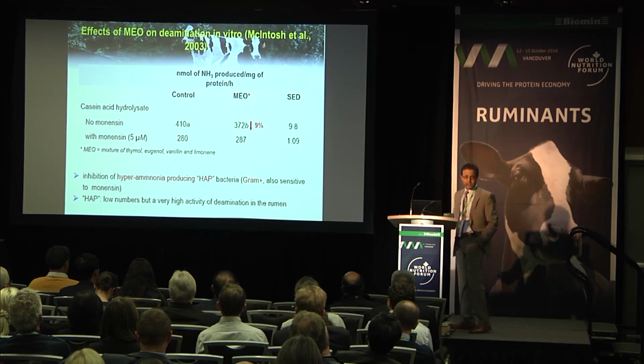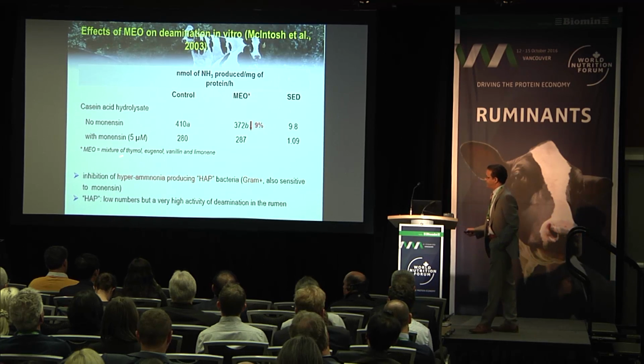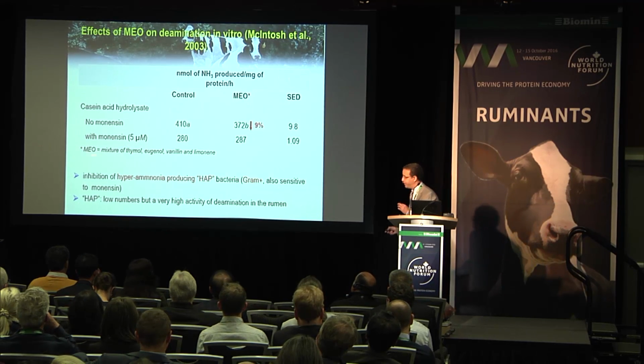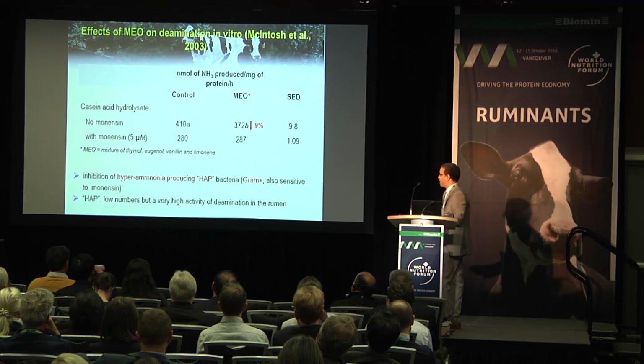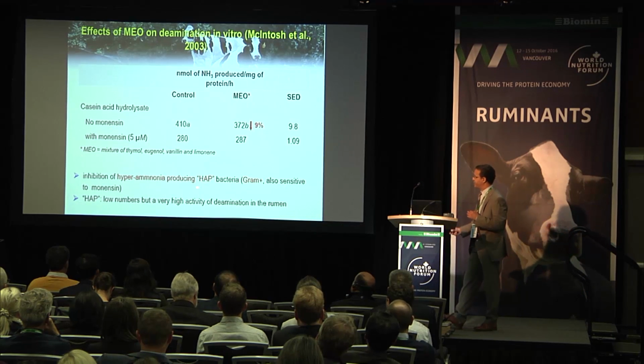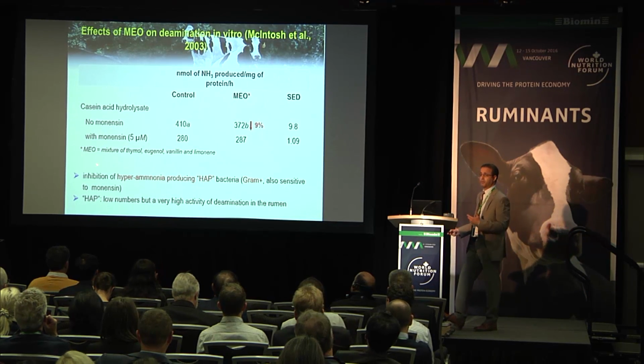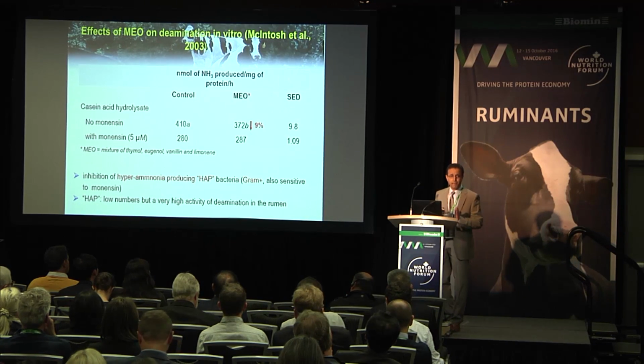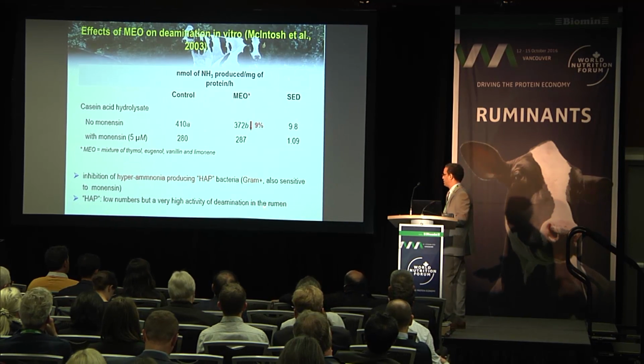These results suggest that the mixture of essential oils inhibits the same group of bacteria that is sensitive to monensin, which is gram-positive bacteria. This group of bacteria is called hyperammonia-producing bacteria, which are present in low numbers in the rumen but have a very high activity of deamination.